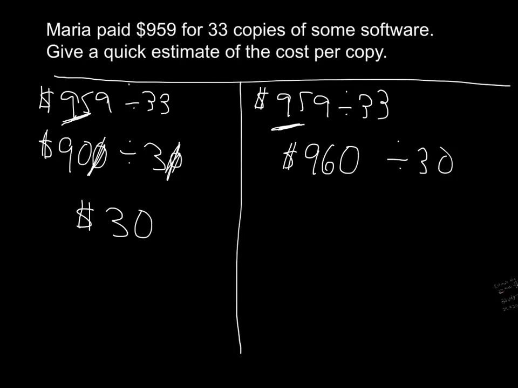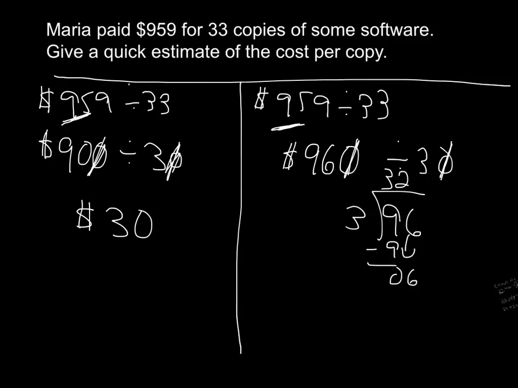Then you could go ahead and divide by 10 first, and the problem is just 96 divided by 3, which is a very quick and easy problem to do, and you would get that it was about $32. We notice that those estimates are both very, very close, and either way is good. In estimation, it's about finding the quickest and easiest way for ourselves. It's not about actually having the exact answer.